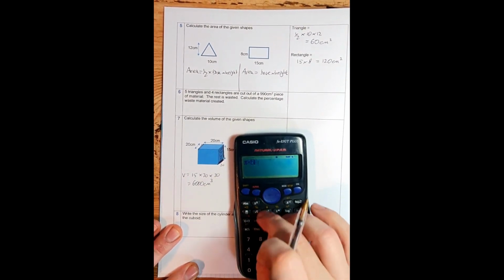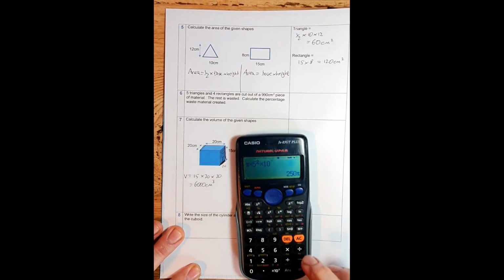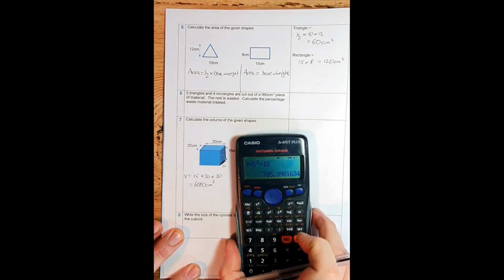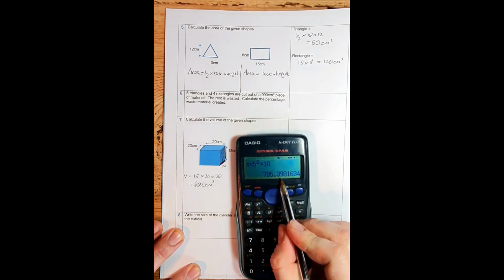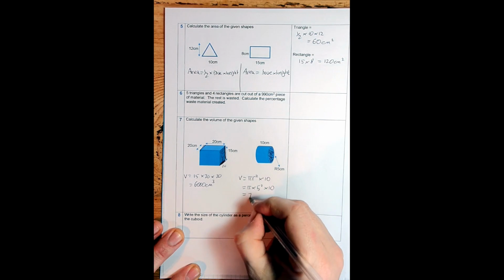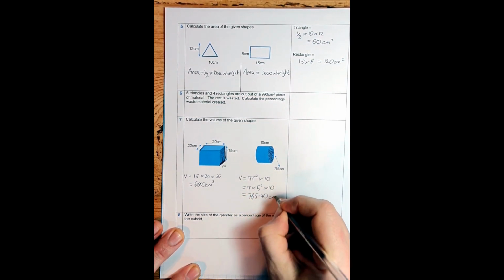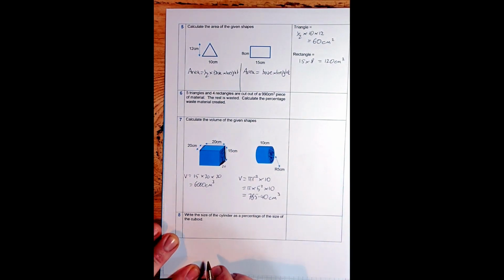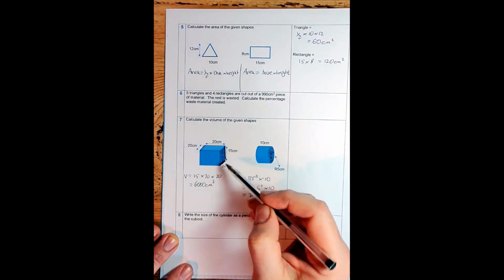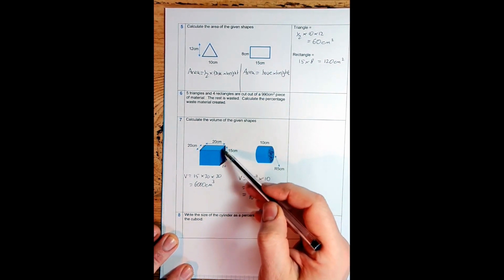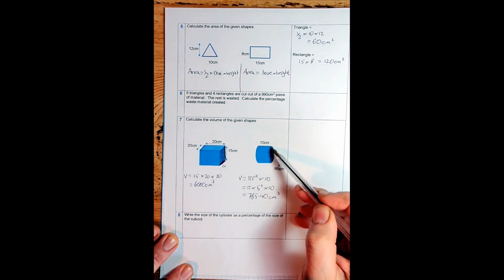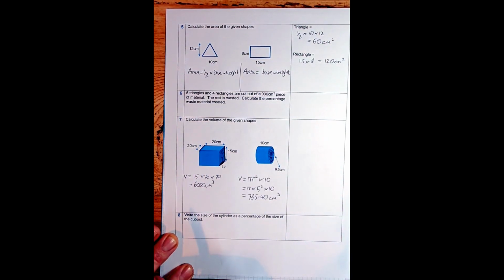Pi times 5 squared times 10. And I'll give it to 2 decimal places, 785.40 centimetres cubed. So for a prism, which these both are, it's the area of one end times by the length.